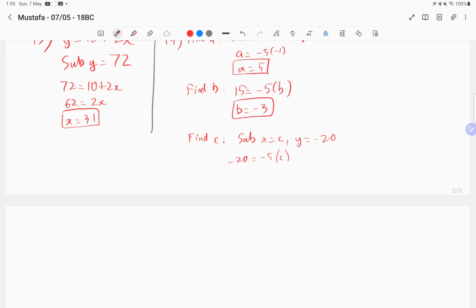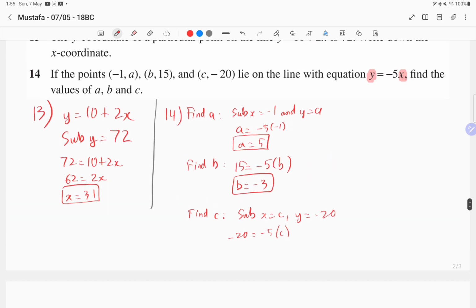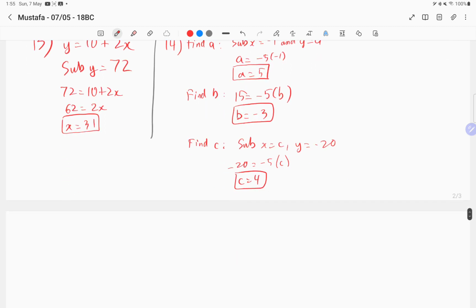Not quite. It's negative 20. C equals 4. Okay, does that make sense? It's just substitute values in.